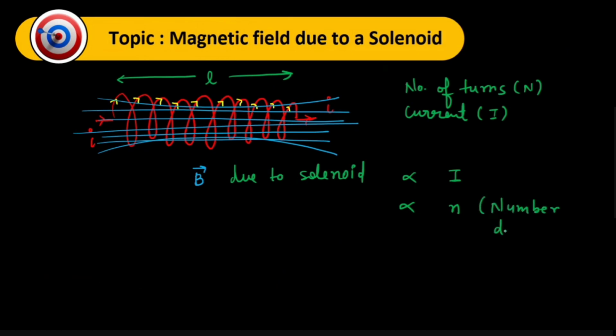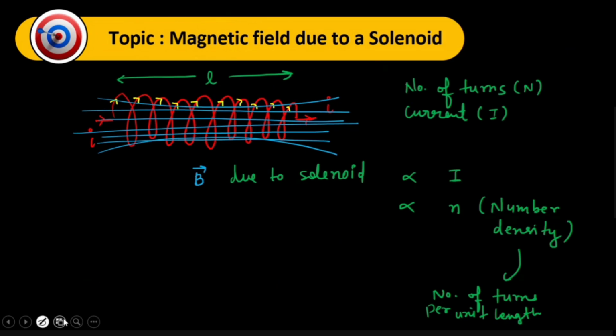We generally use this term to refer to number of turns per unit length, like how many turns of the coil we do have in the solenoid in respect to the length. So that small n is something which is written as capital N by L, number of turns per unit length.